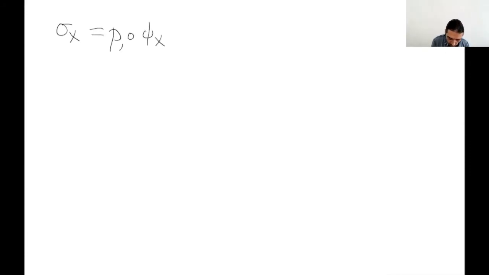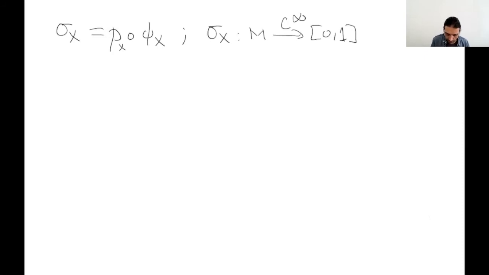Here it should be rho x. And this function is indeed a C-infinity function from M to the closed interval 0, 1.